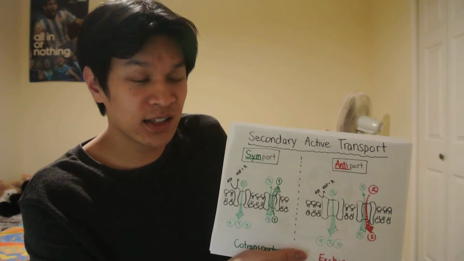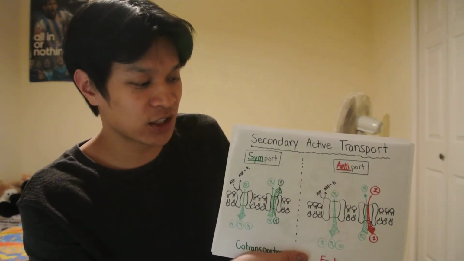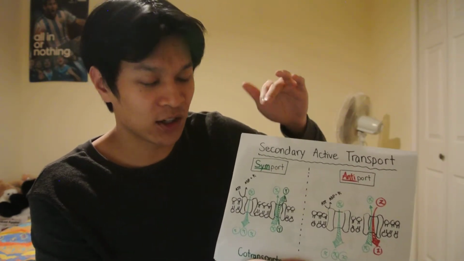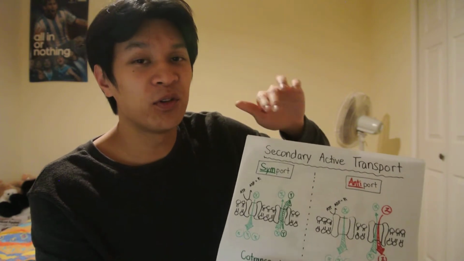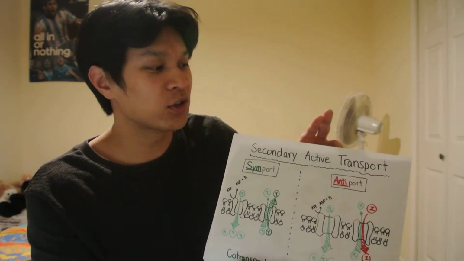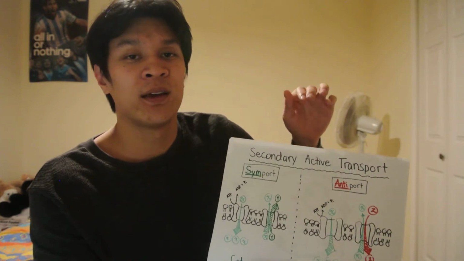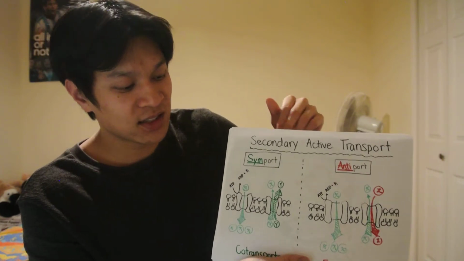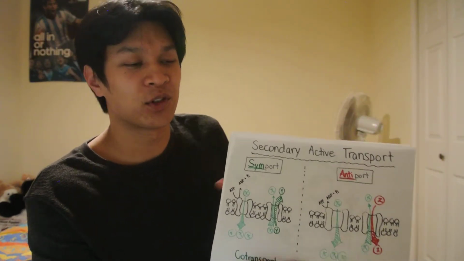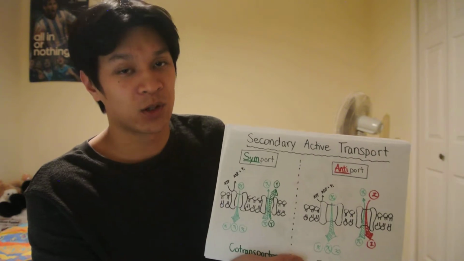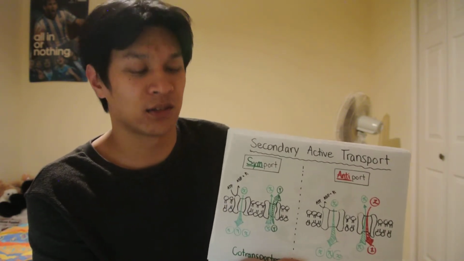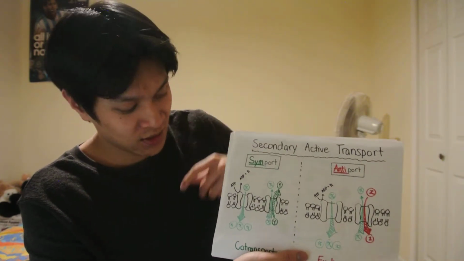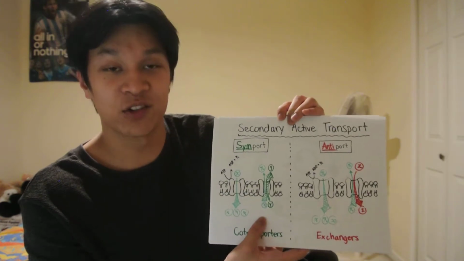Now how do we harness this energy? Well, we can harness this energy when we have to move another ion or another molecule across the membrane. Usually, of course, we need energy to move an ion or molecule against its concentration gradient, right? So in this case, that other ion or other molecule that we're trying to move across the membrane, we're going to be trying to move it against its concentration gradient. As you can see, that would be molecule Y right now. Again, molecule X, we already put in the energy, right?